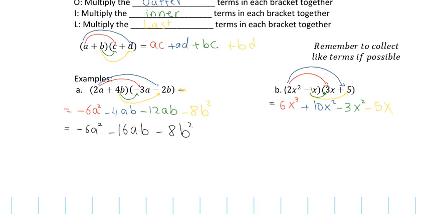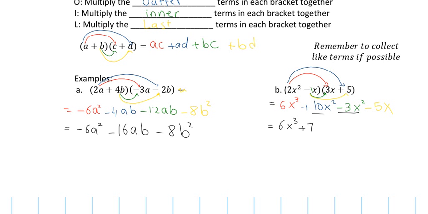So now I have to collect like terms. Do you see any like terms? What are they? Yeah, so the 10x squared minus 3x squared. In this case, now I am adding, right, or subtracting. So that will be 6x cubed. Nothing happens to this one. If I add these two terms, that's going to give me 7x squared.